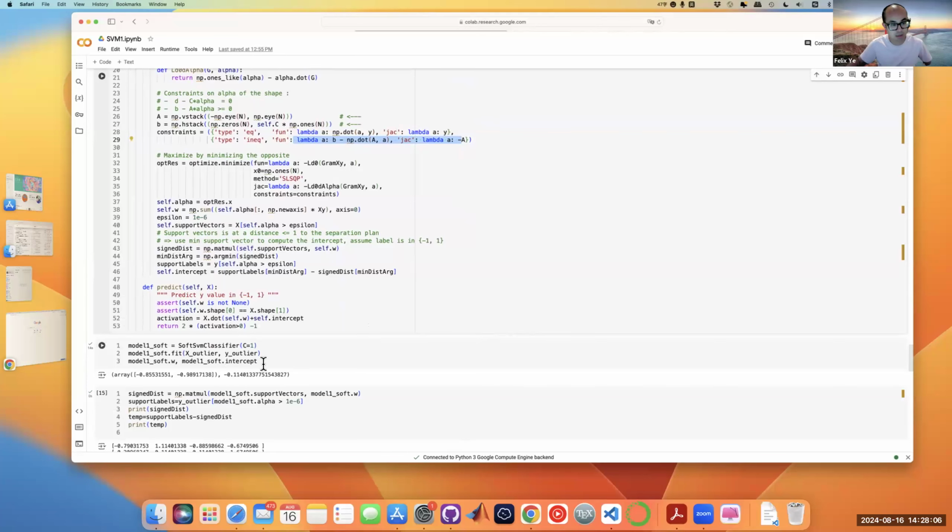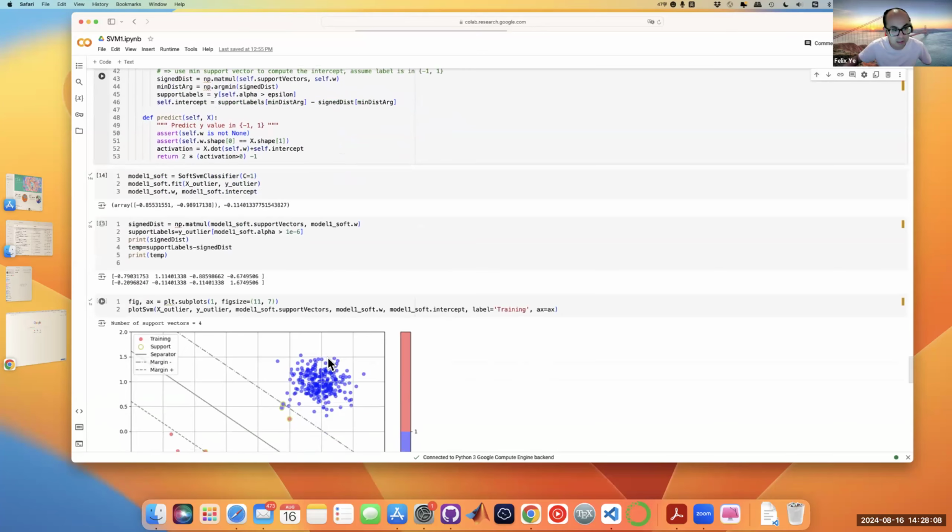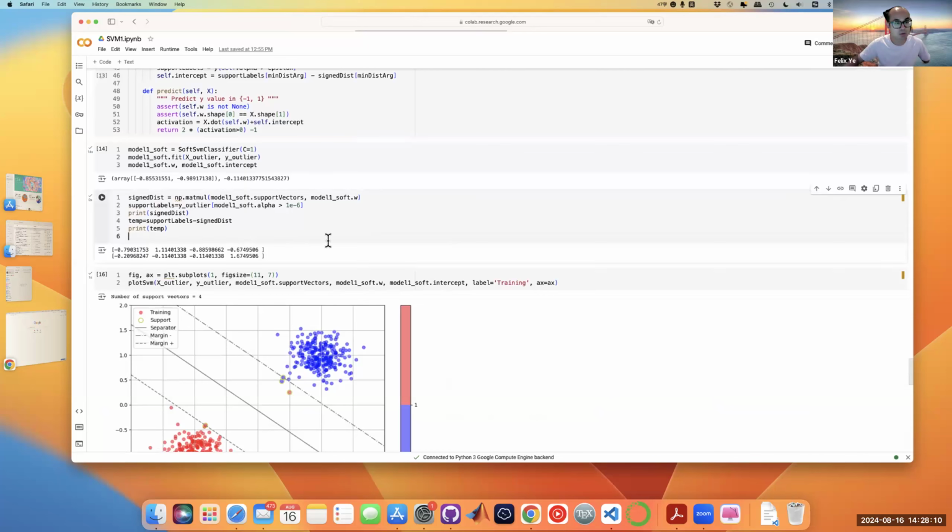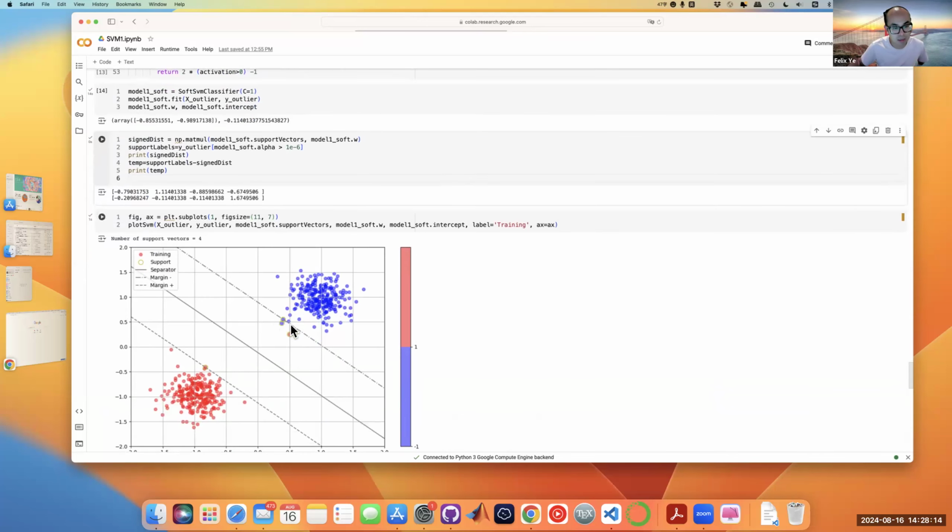All right, so as you can see right here, we set C equal to 1. As a result, we can find out these points are support vectors. And this point right here is considered a violation, because it goes beyond the decision boundaries.